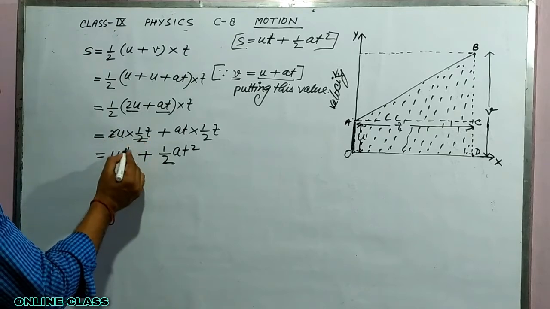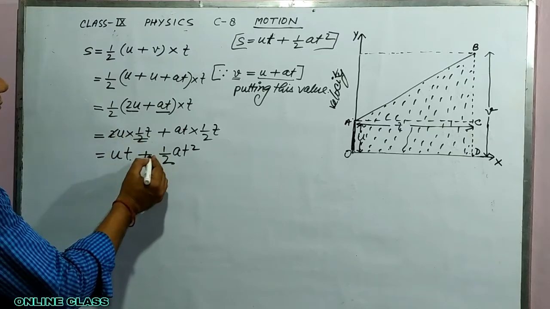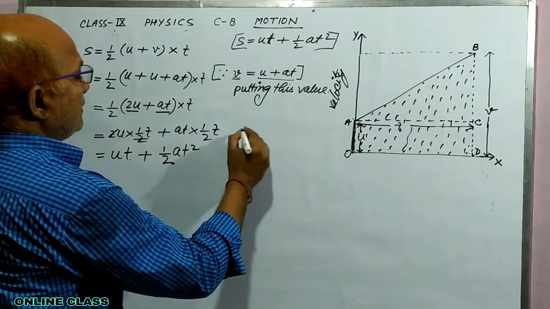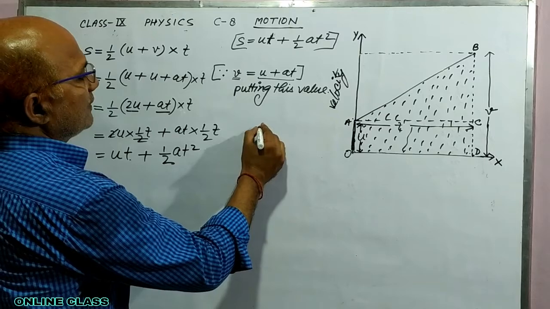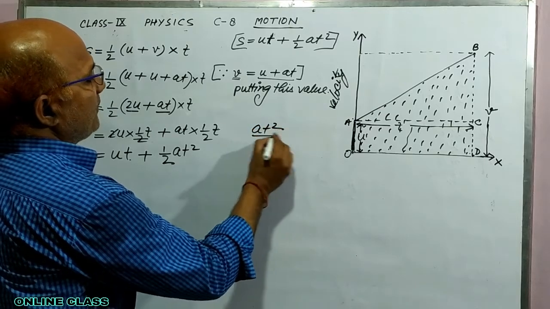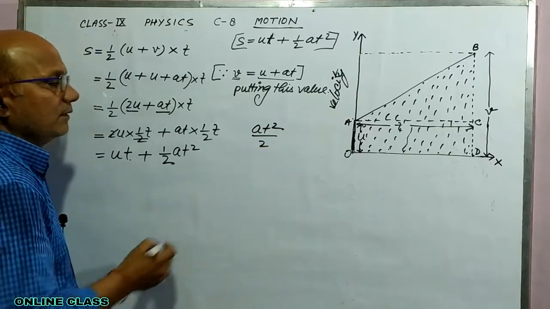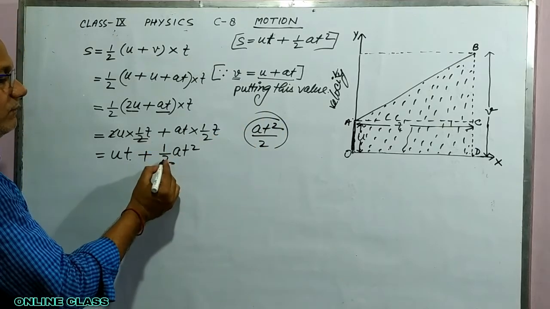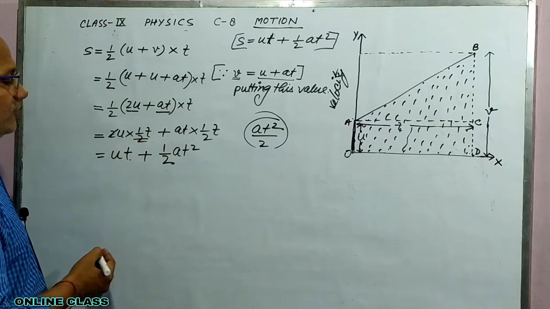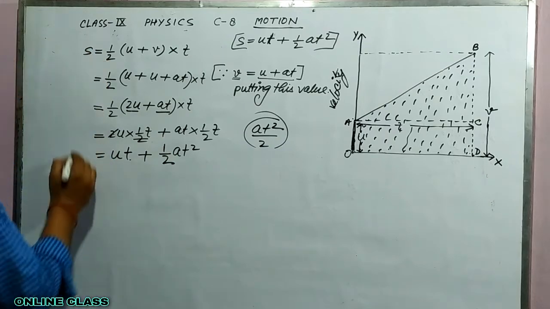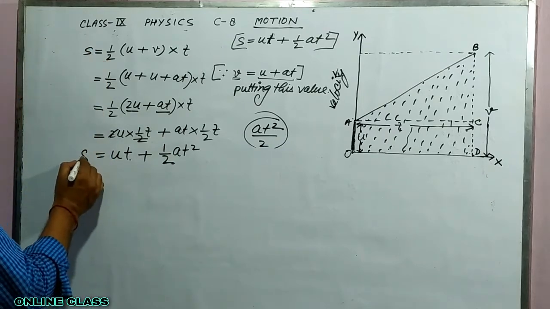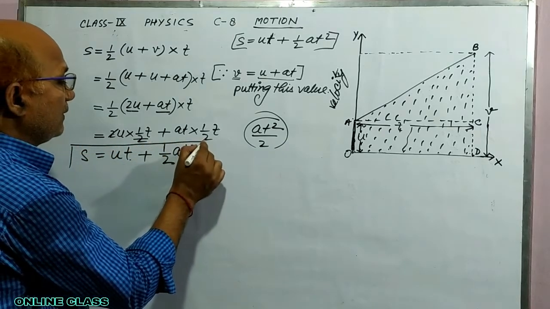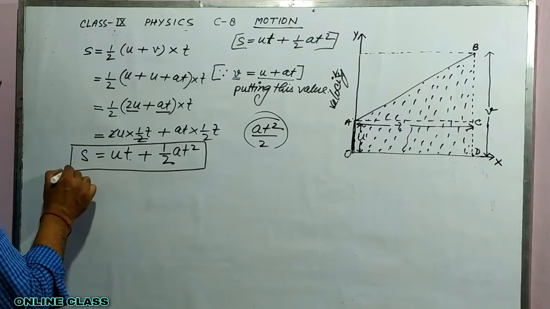So you can write ut plus at into t, that is at square upon 2. So we can write this as 1 by 2 at square, and here it is s. So you can see it is our required expression.